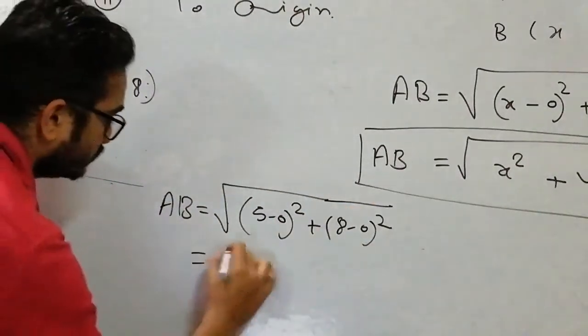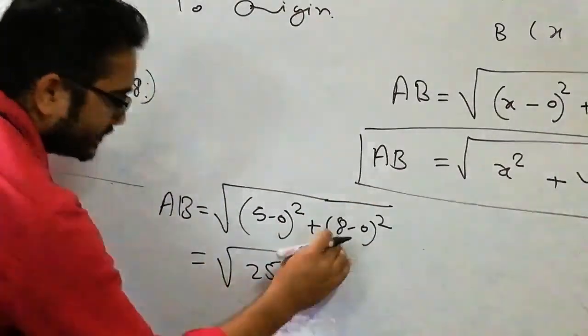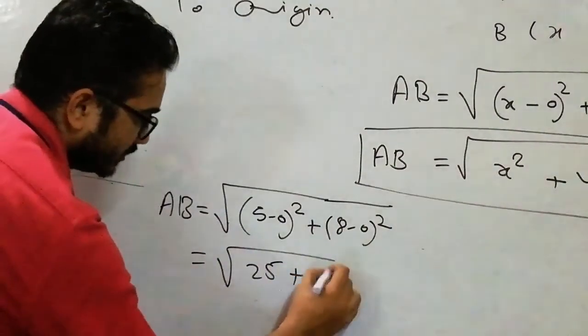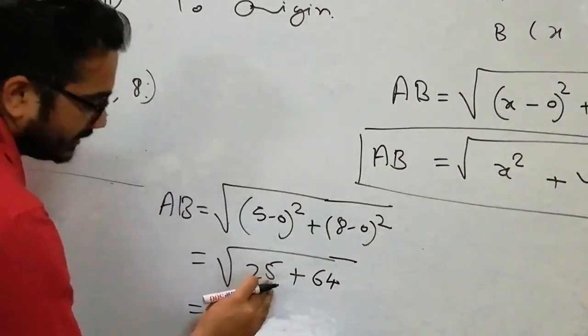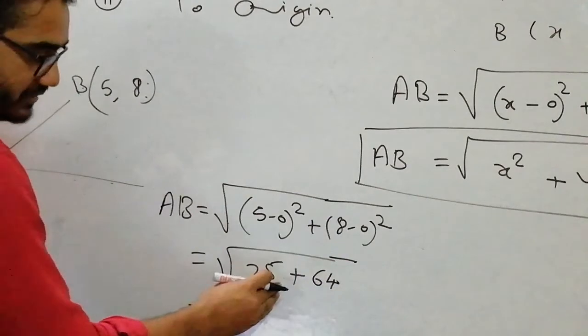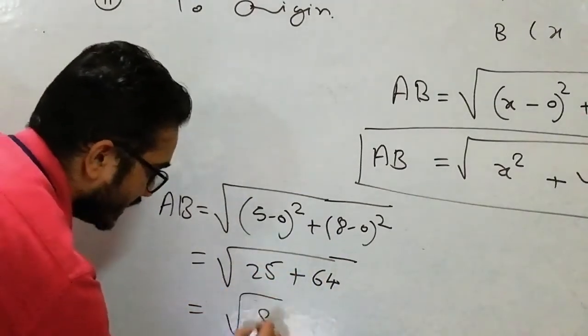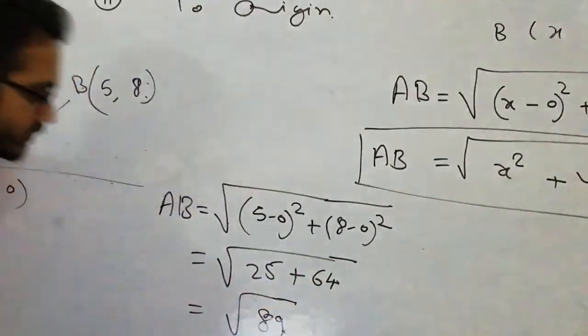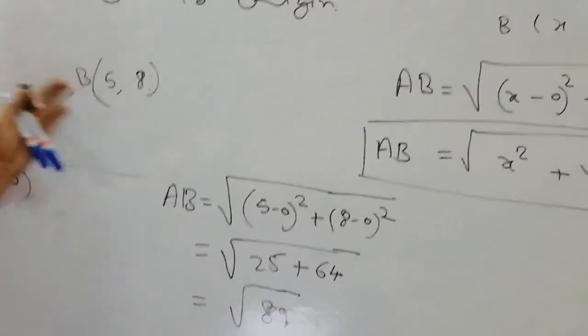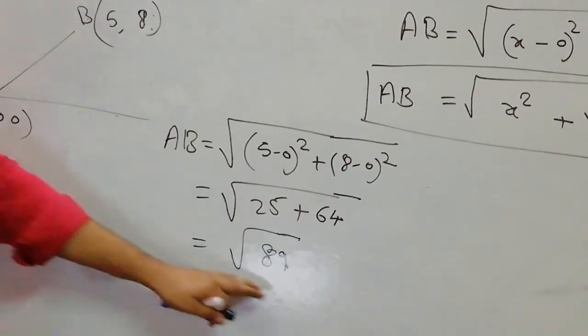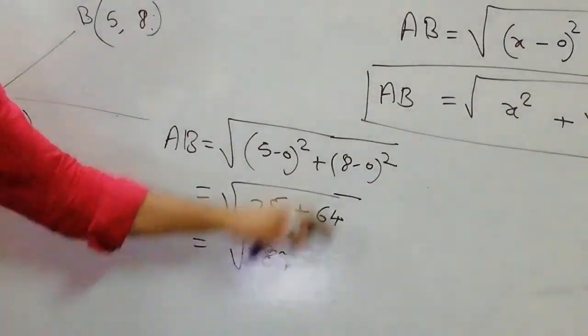So that is equal to 25 plus 64, which gives you 89. So we have the square root of 89. So this is the distance between point A and B, this is the distance of any point from the origin.